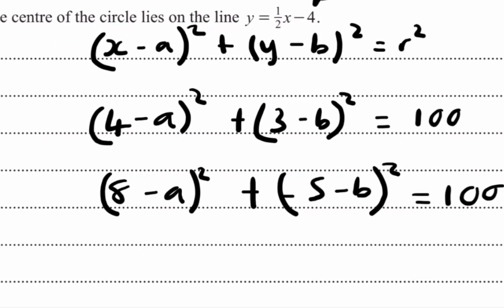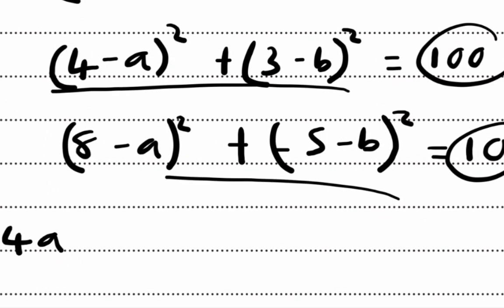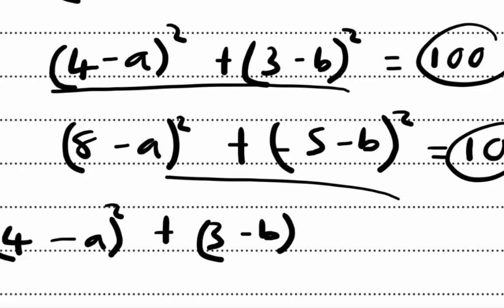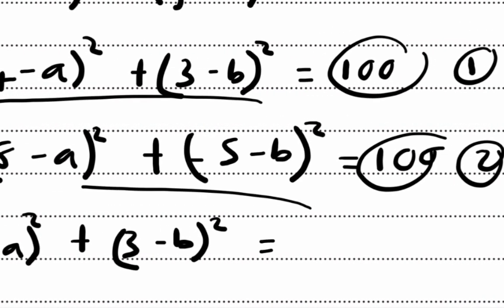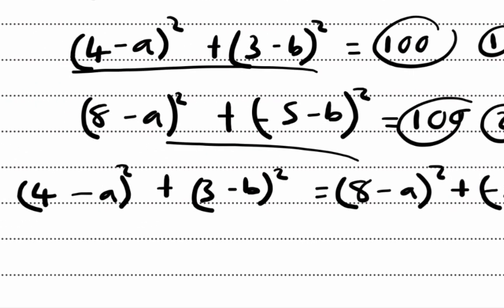Right? And now 100 is equal to 100, so this should be equal to this. So 4 minus a squared plus 3 minus b squared should be equal to 8 minus a squared plus minus 5 minus b squared. Right?